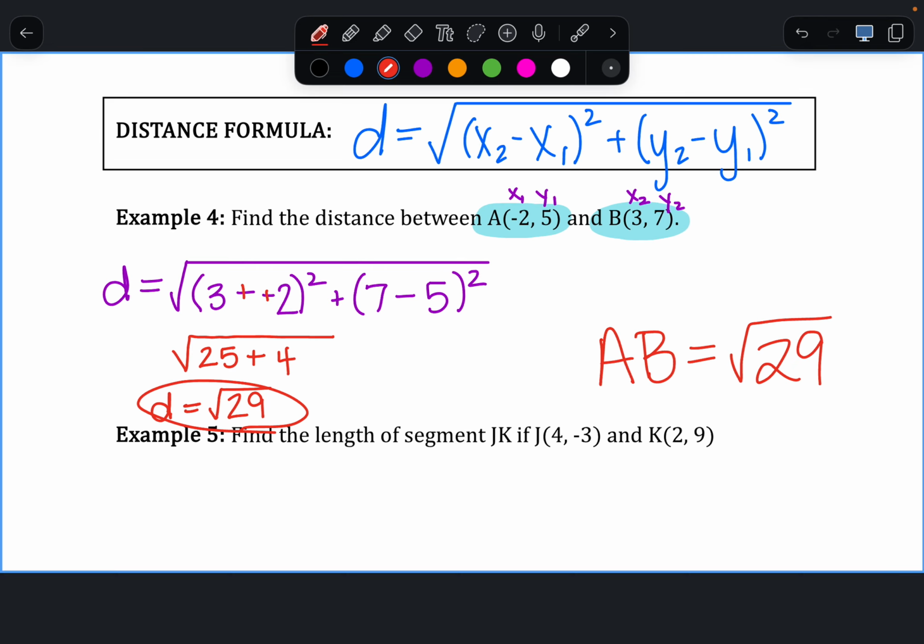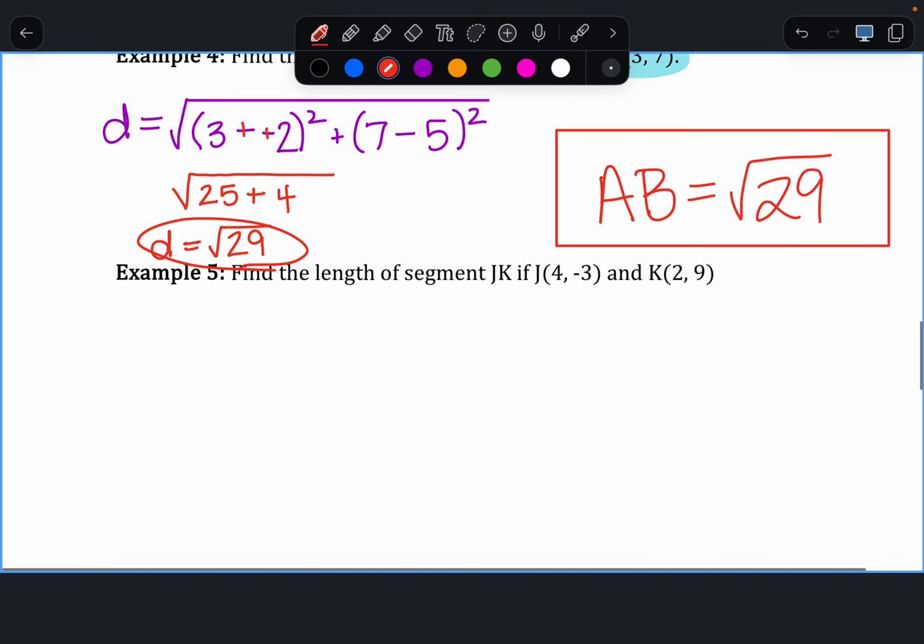Oh, shoot. 7 minus 5. No, never mind. Okay, so the reason why I pointed that out is because, look at example 5. I want you to find me the segment length JK.